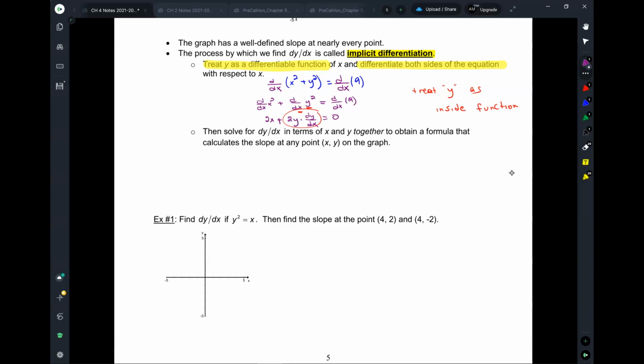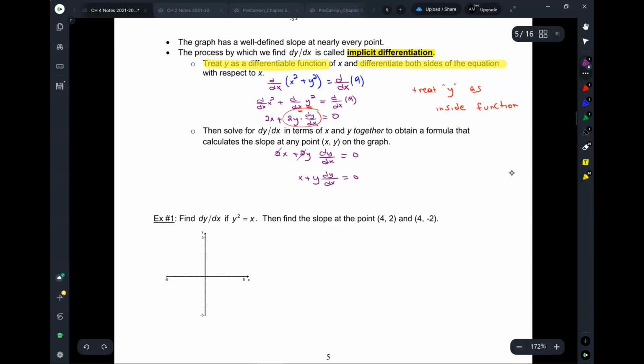Okay, so what we have here is 2x plus 2y dy dx equals 0. Divide everything by 2, so x plus y dy dx is equal to 0. Move the x over to the other side. y dy dx is negative x.